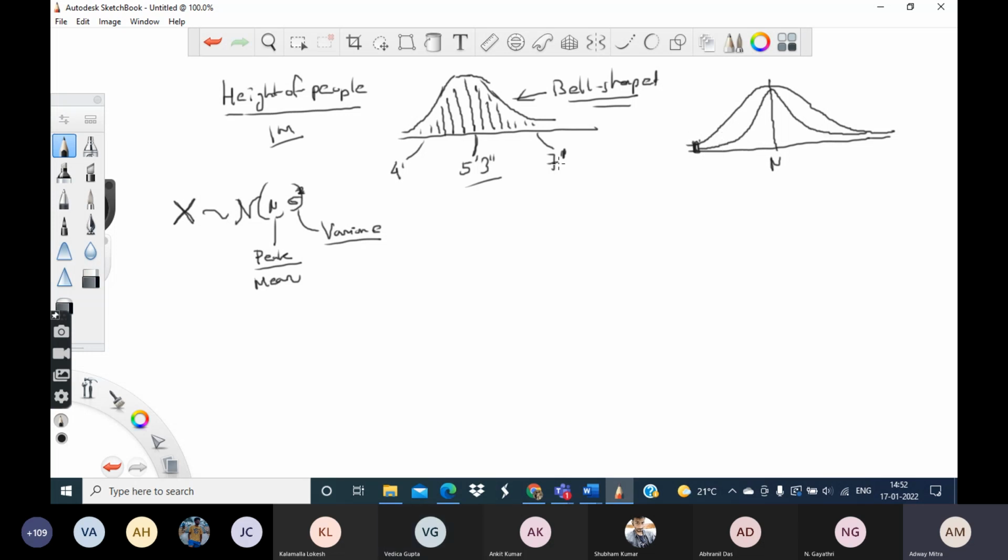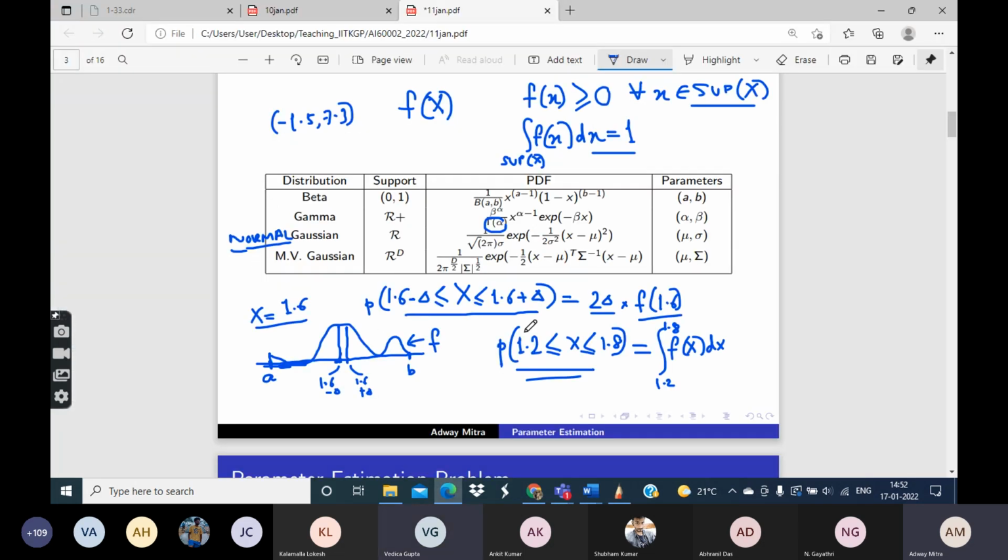So this kind of bell-shaped curve can be represented by a specific type of function, which is the PDF of the Gaussian distribution. This is something you would have surely studied in statistics when you were preparing for your JEE. So this is the equation for the PDF of the Gaussian distribution: 1 by root 2 pi into sigma, e to the power minus 1 by 2 sigma square into x minus mu whole square.